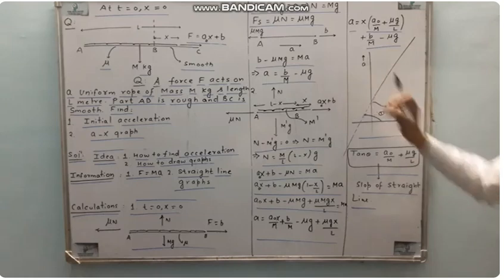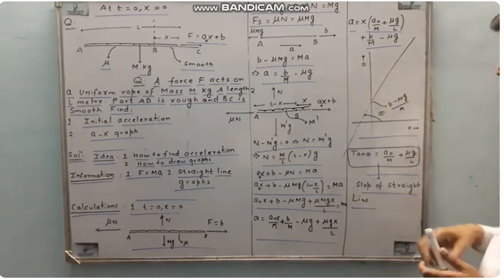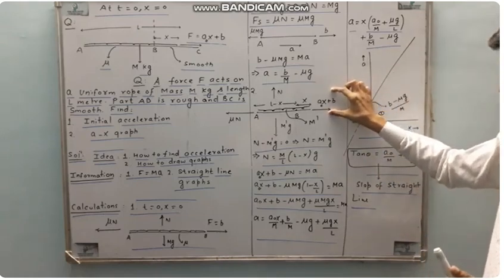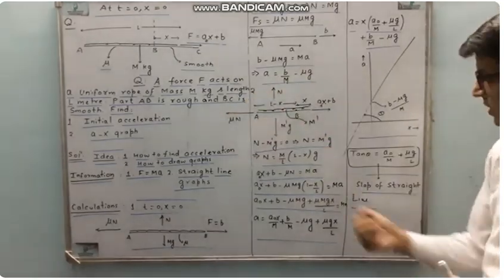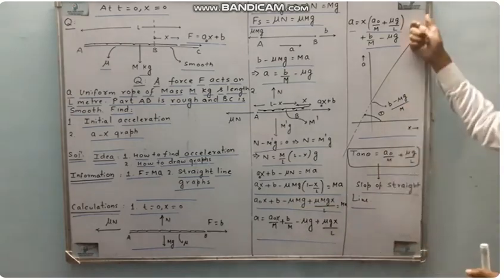So for this system we can write that A naught x plus B minus mu M by L times (L minus x) g is equal to M into a. Substituting the values, we get a as this.